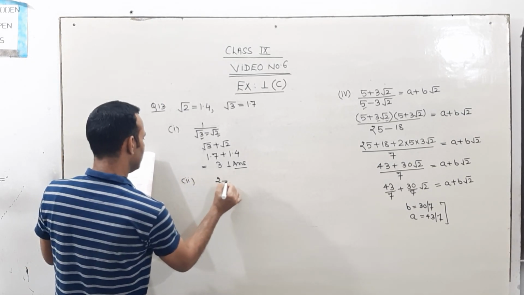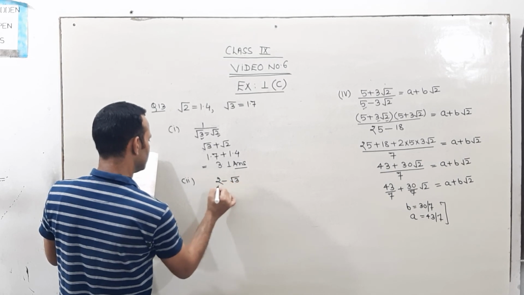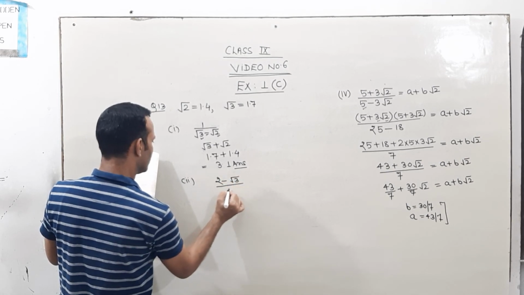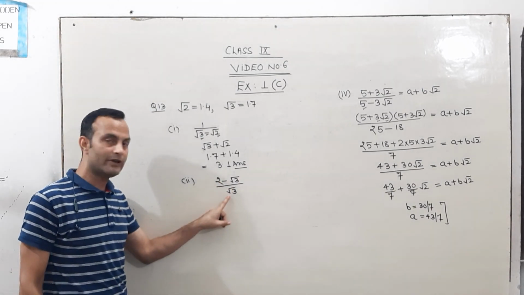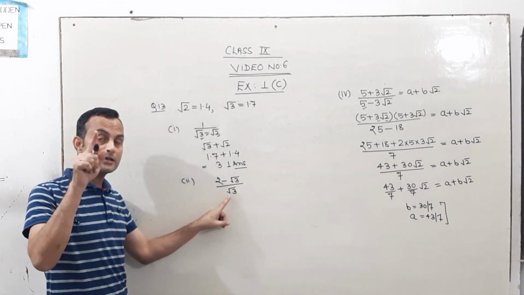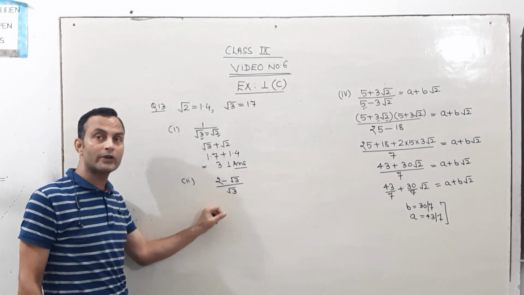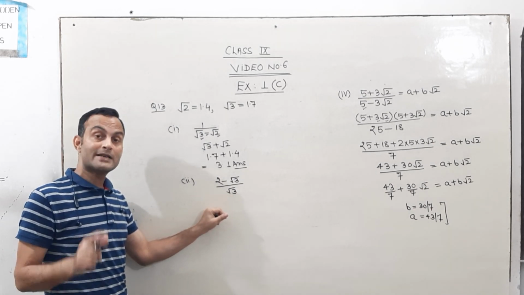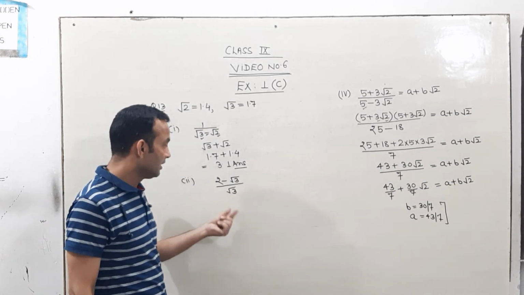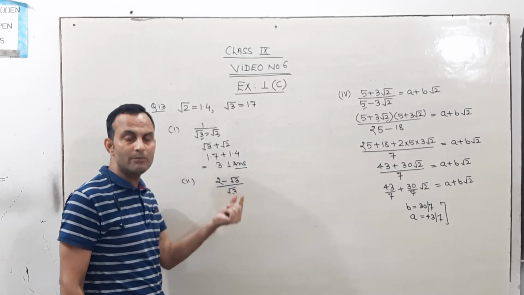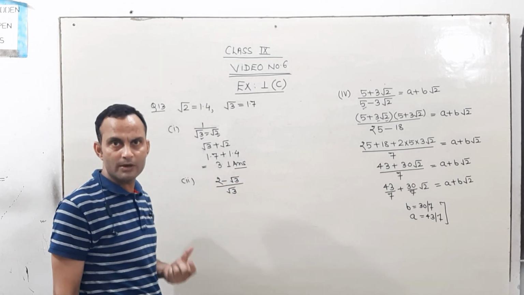See its next part. 2 minus root 3 upon root 3. See here, root 3 is given. We have already discussed the rationalizing factor of root 3. Rationalizing factor means by what number root 3 should be multiplied so that we obtain a rational number.